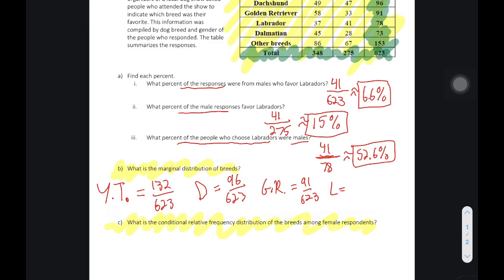Labrador, 78 out of 623. Dalmatian, I'm going to put DA for Dalmatian. And lastly, other breeds, I'll put an O.